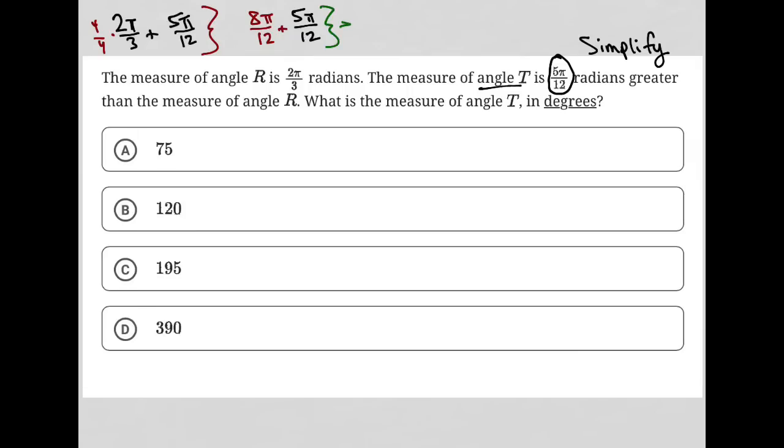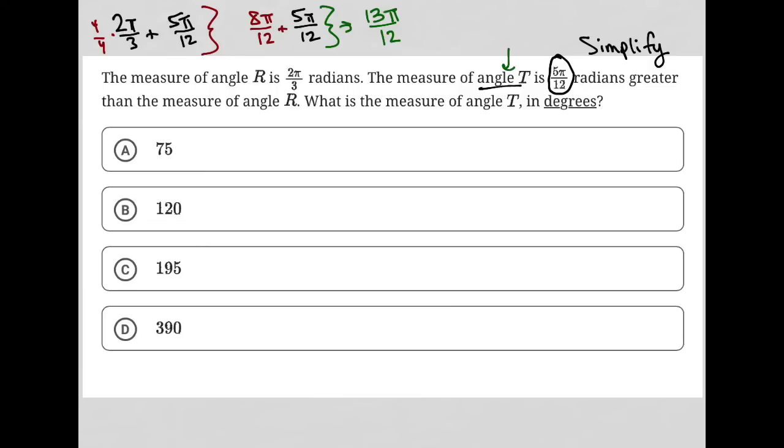Now I have a common denominator, I can just add the numerators together and keep the denominator the same. I'd have 13 pi over 12. All right, so now I know what angle T actually is. It's 13 pi over 12.